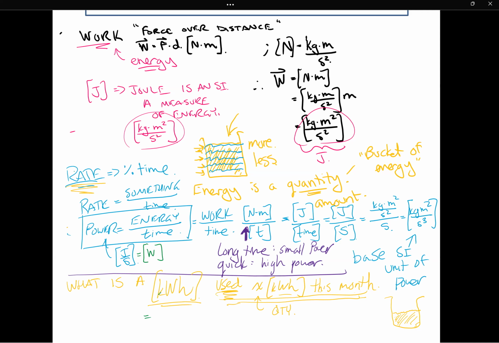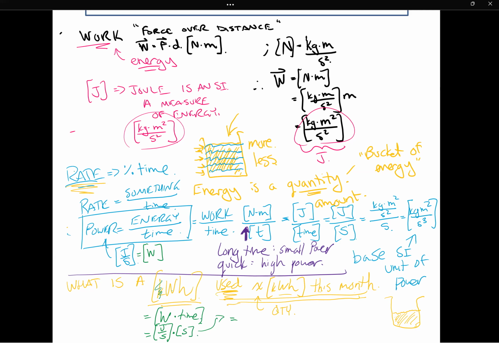I have kilowatts. I'm going to get rid of the kilo for a second and say watts. So basically it's a watt, but a watt is a joule per second, and it's times time. We can just move some decimal places over. But a watt is a joule per second times the SI unit for time, the second.